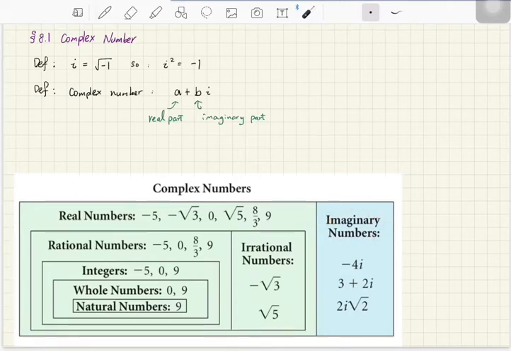In this picture, we're combining the complex number and the pure imaginary number together. But by definition, -4i is a pure imaginary number, and 3 plus 2i is a complex number.